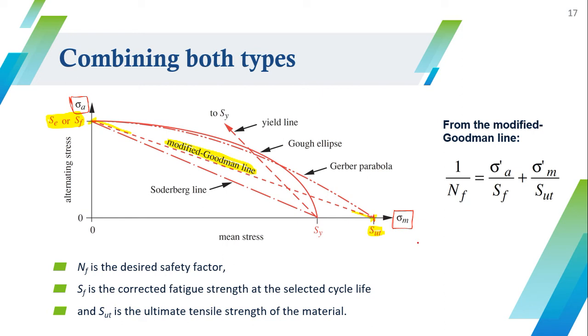There is no alternating component of the stress, which means that on this line of sigma m on the x-axis, with respect to time the stress has only a mean component sigma m, but not an alternating component, which means that the stress is constant.